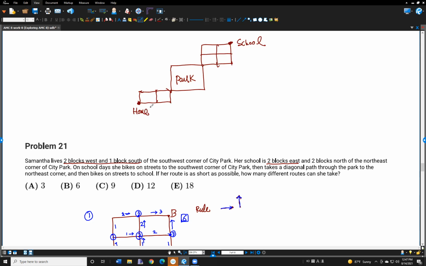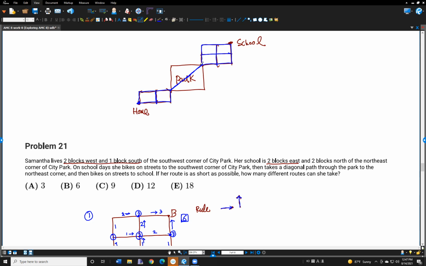But City Park, it takes a diagonal path. So we're gonna take City Park over diagonal, only one way. That's not only one way, so I'm gonna redraw this one. This color is better. Okay, from here, home to school, how many different paths?